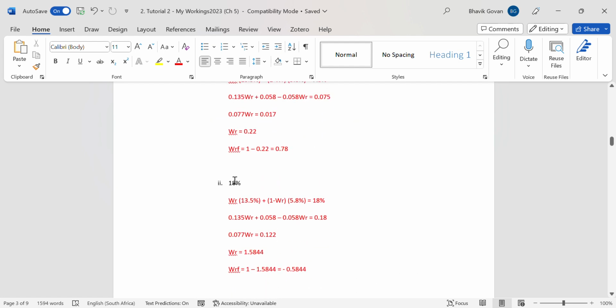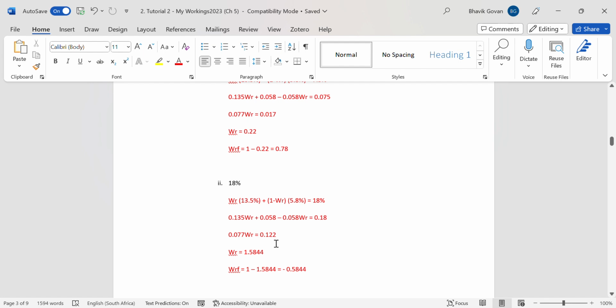Next, we want a return of 18%. So you'll do the exact same thing, except instead of 7.5, now it's 18. So the weight of the risky asset times 13.5% plus 1 minus the weight of the risky asset times 5.8%, which should equal 18%.